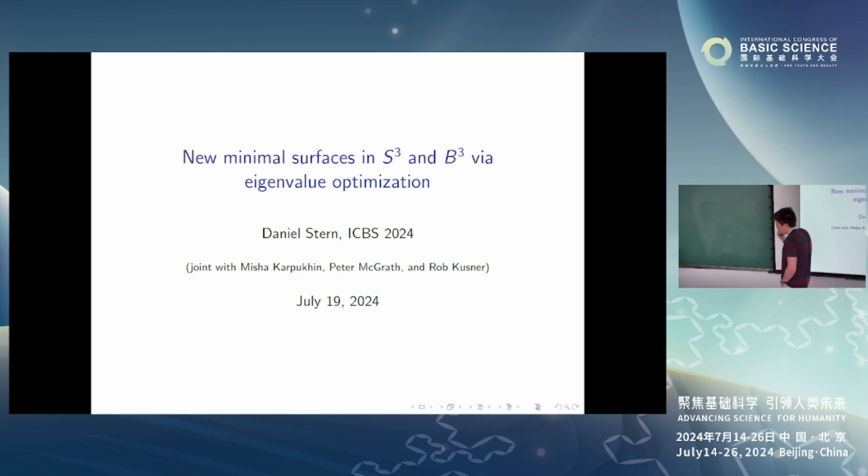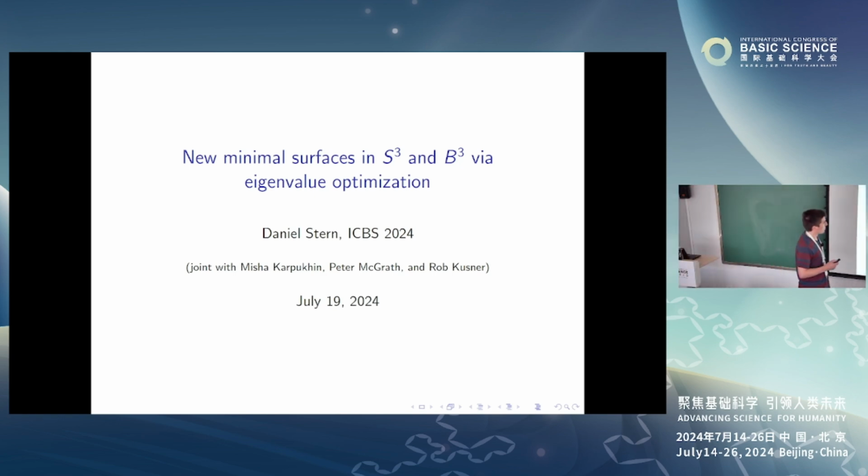And what I'm talking about here is a new machinery for producing lots of minimal surfaces in some classical settings, based on techniques closely related to Antoine Henrot's talk yesterday, where he's studying classical shape optimization problems for Laplace eigenvalues, or in this case also eigenvalues of some other natural pseudo-differential operators.